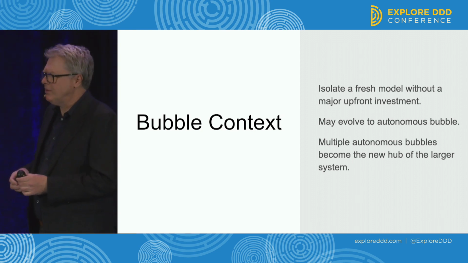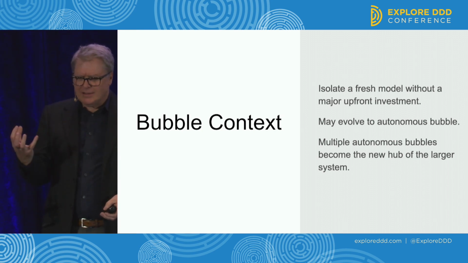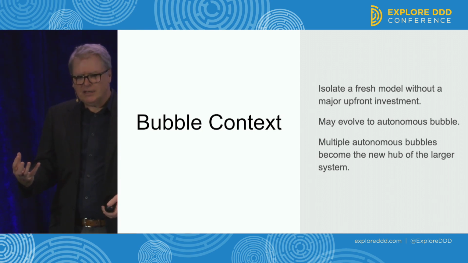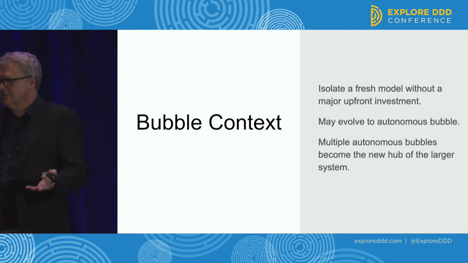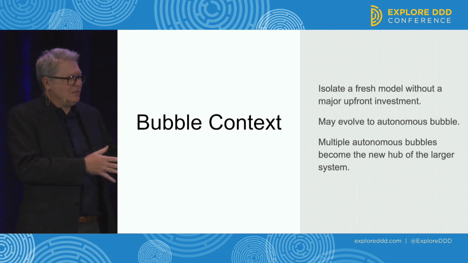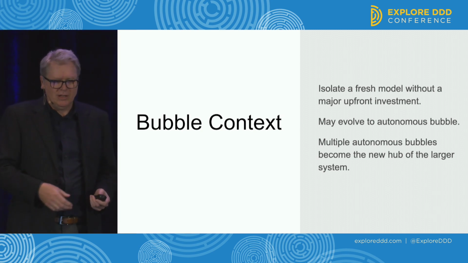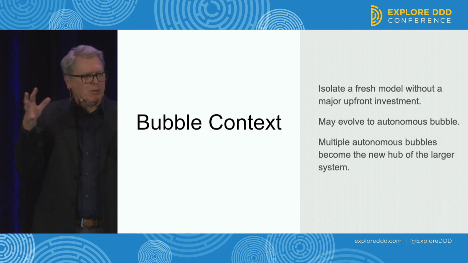I wrote a paper several years ago in which I talked about how you can get started doing domain-driven design when you're in the middle of a lot of legacy. And the answer is not, let's just build a whole new system and switch over. The answer is more like, let's create a little bubble.